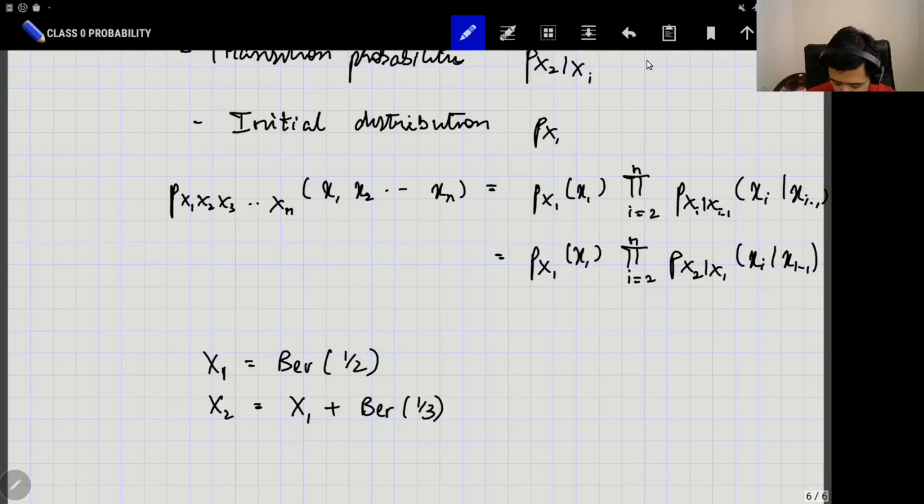So you first generate a Bernoulli random variable, so toss a fair coin. If it's a head, then it's a 1. If it's a tail, it's a 0.